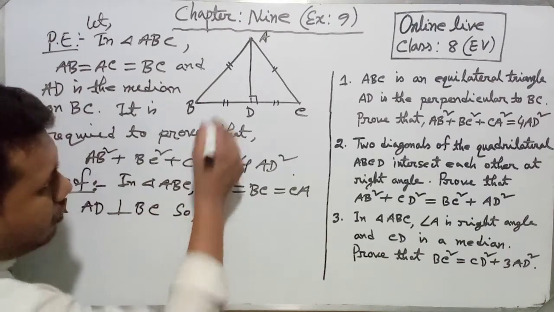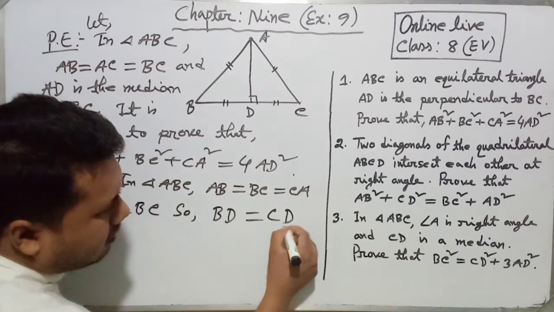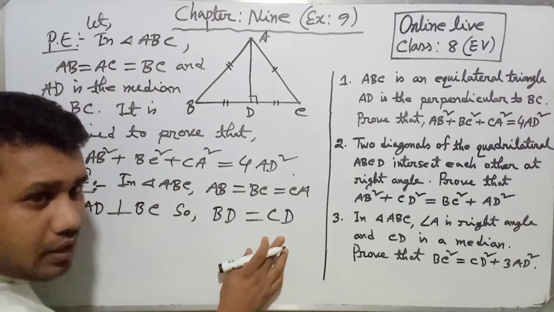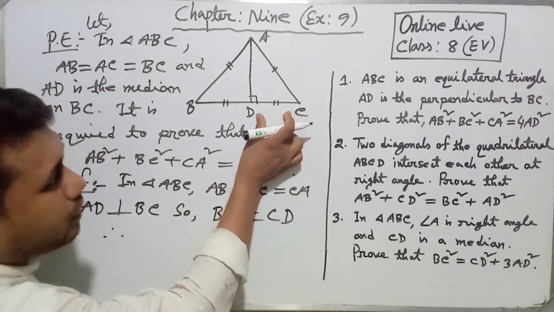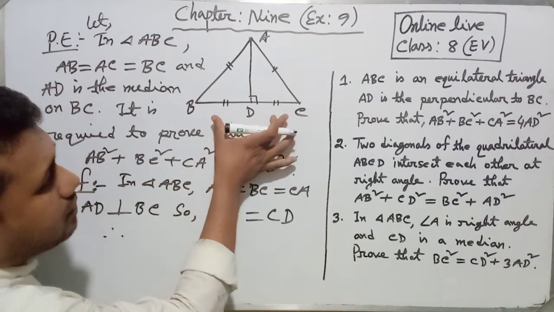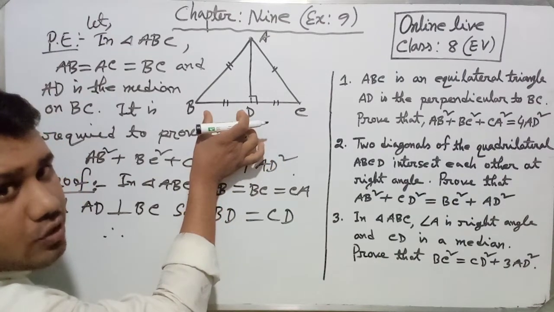So we can write BD equal CD. So BD and CD will be equal. That means if BD and CD equal, so we can say this BC will be twice of BD.